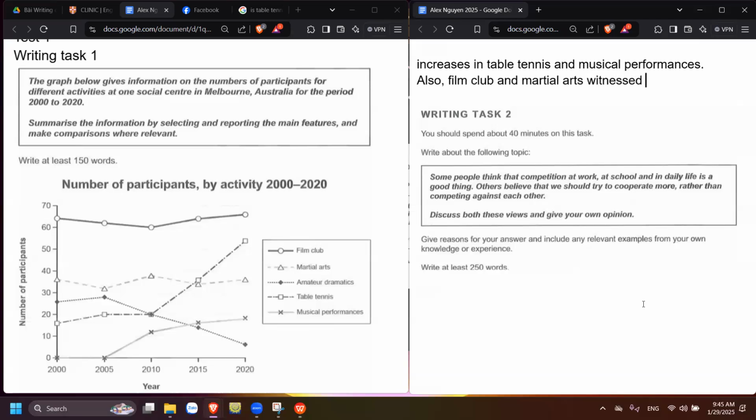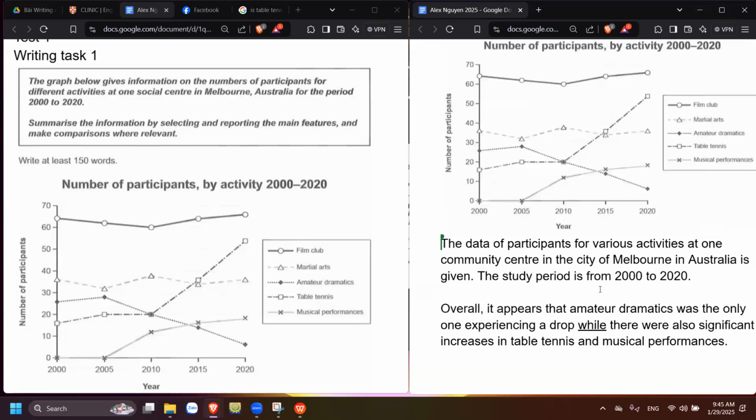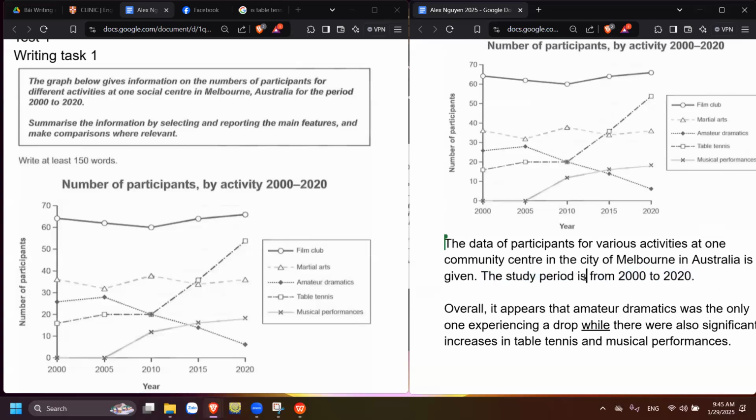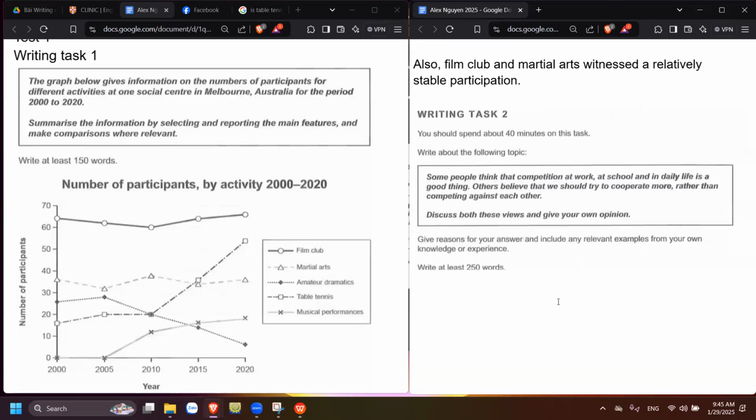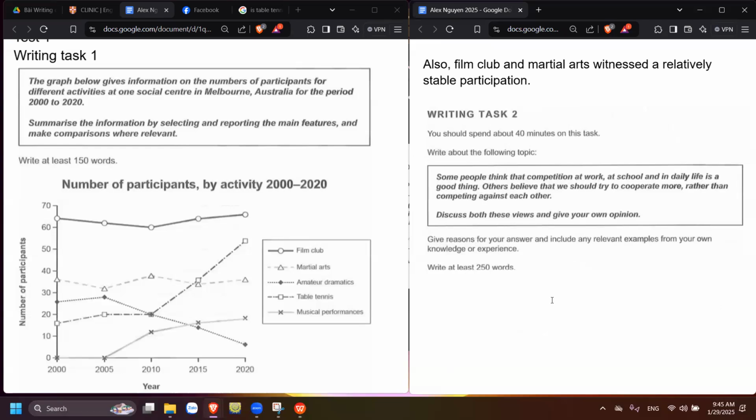They witnessed a relatively stable participation throughout the period of study. But that is not something necessary to say, because in the opening we already mentioned the study period is from this year to that year. Remember, when you write something, try not to be wordy or lengthy.